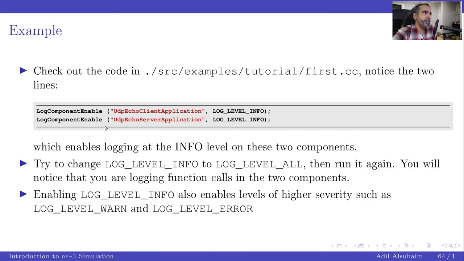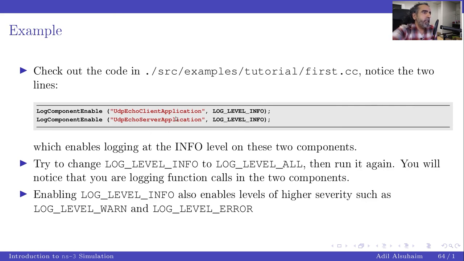If you notice the first tutorial example, we enable UdpEchoClientApplication log level info, UdpEchoServerApplication log level info. We can remove that and then not have any log messages printed out from these applications. You know, at time 2 seconds, client sent this, and at time whatever, it received that.